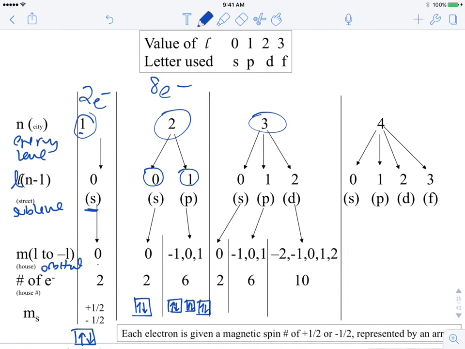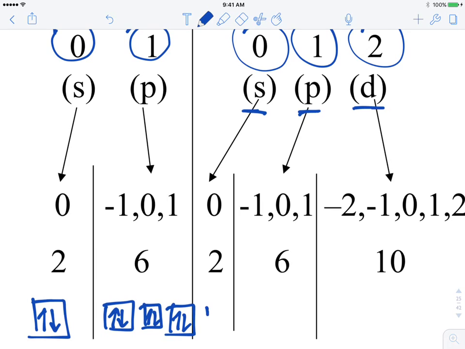N equals 3. The sublevels could be n minus 1, so 2, 1, and 0. 0 will always get the letter designation S, 1 will always get P, 2 will always get D. Let's figure out the orbitals for each one. Plus or minus 0 is 0, so S would have 1 orbital.